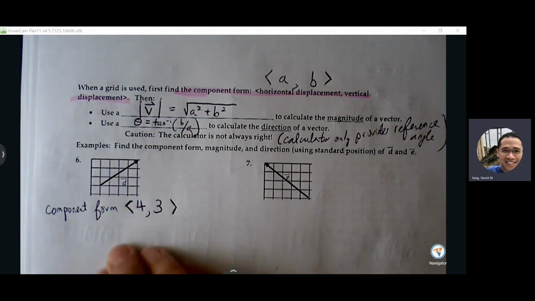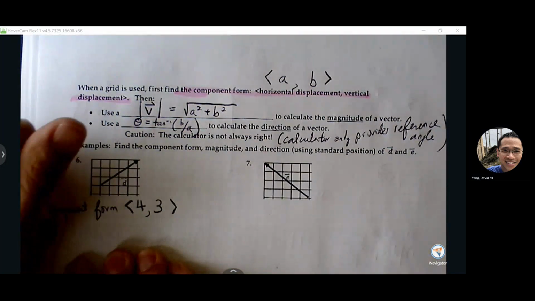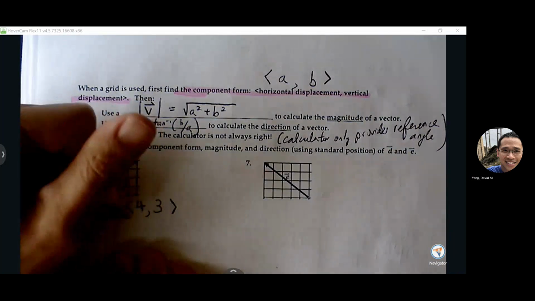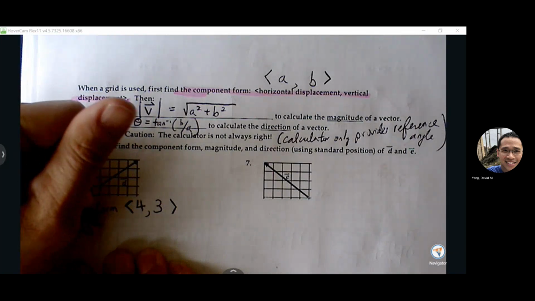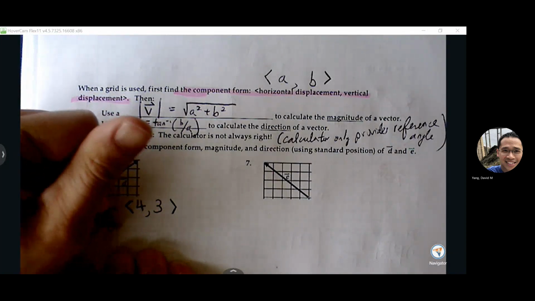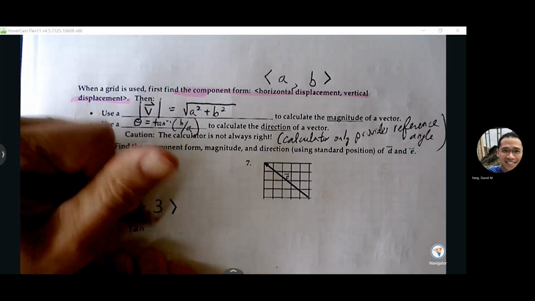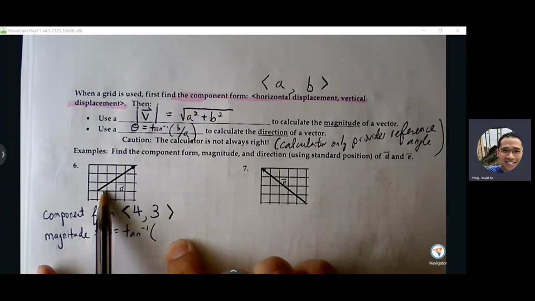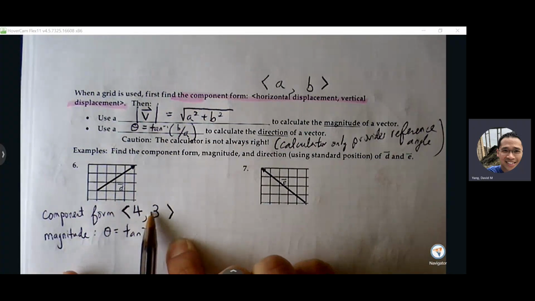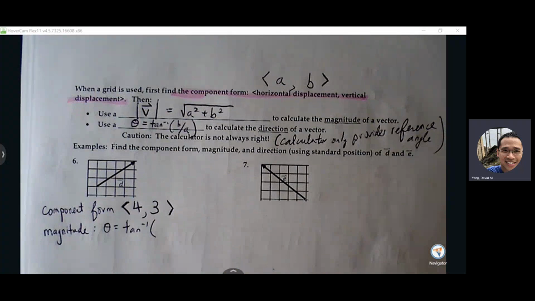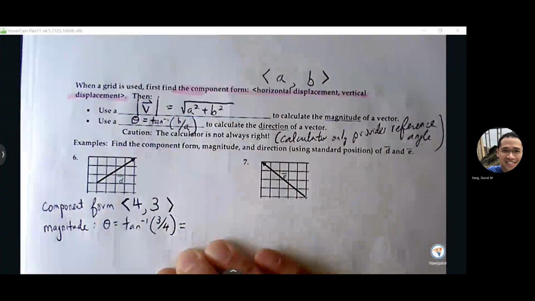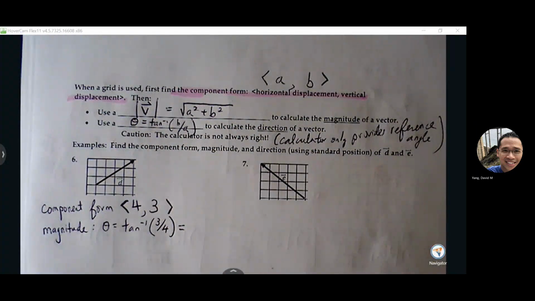So let's find the magnitude first. Magnitude, that's the easier one. Inverse tangent of b over a. If we're trying to find this angle here, we're always doing opposite over adjacent. It's always going to be your y over your x value. Use your calculator, make sure you're in degree mode.